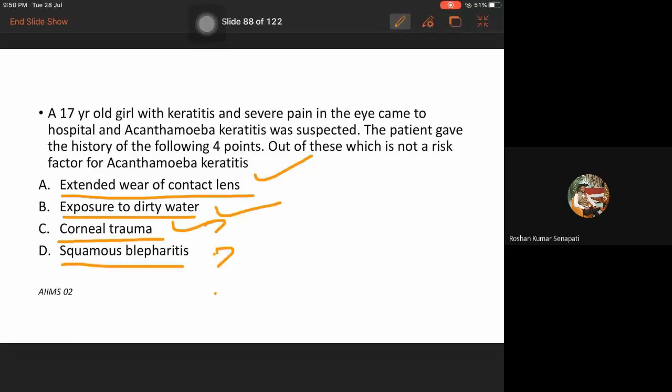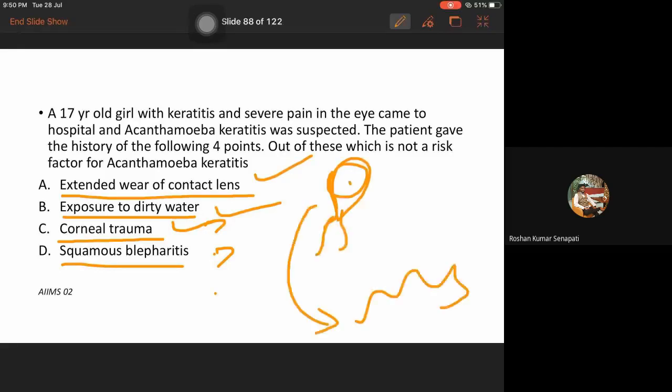Very good. See, if you look into the life cycle of Acanthamoeba, normally it will be in the water. The life cycle is completed in the water, but sometimes accidentally this organism infects humans. The cycle has only two parts. One is a pear-shaped flagellated cyst that gives rise to the irregular amoeboid Acanthamoeba.